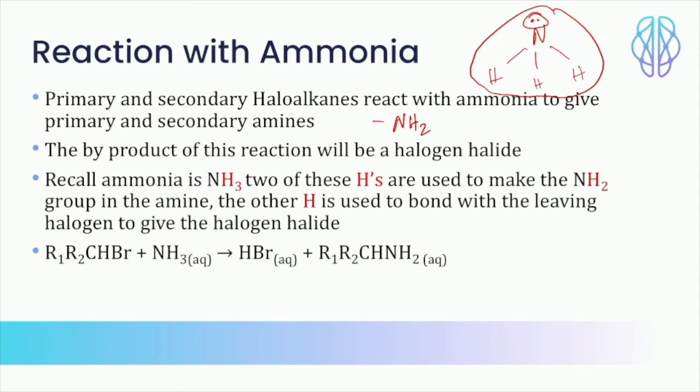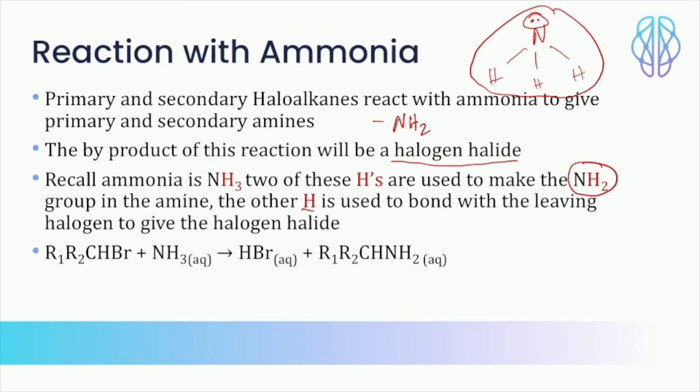This reaction, a substitution reaction between a primary or secondary haloalkane and ammonia, will give you a primary or secondary amine, and the byproduct will be a hydrogen halide. Now this is because ammonia is NH3. Two of those hydrogens, if you like, are used to make the amine functional group, so NH2. Now we have another hydrogen that's left over.